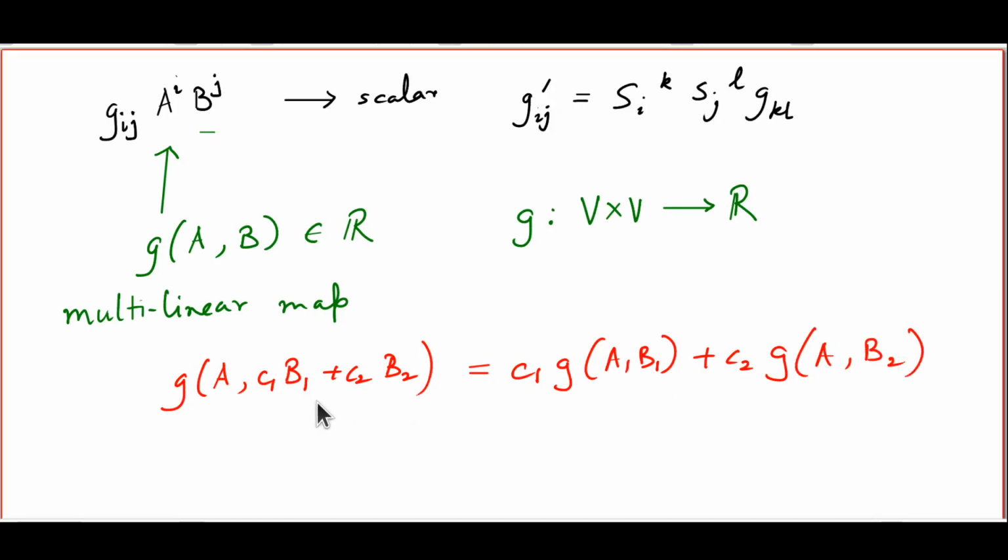So this part of the definition by itself would say that this map is linear in the second argument, or here the second vector.